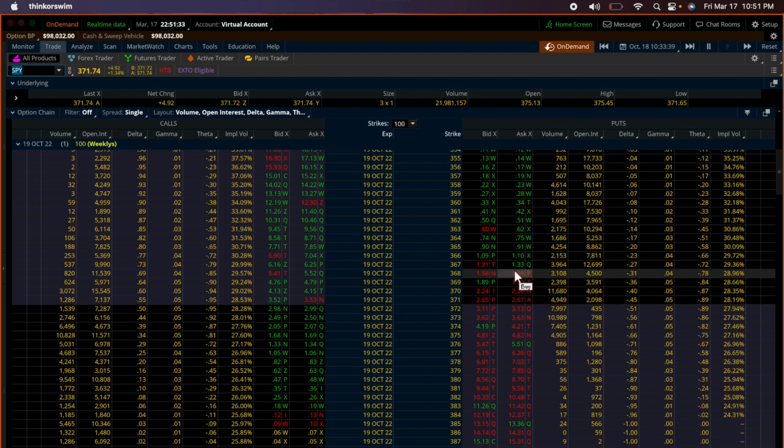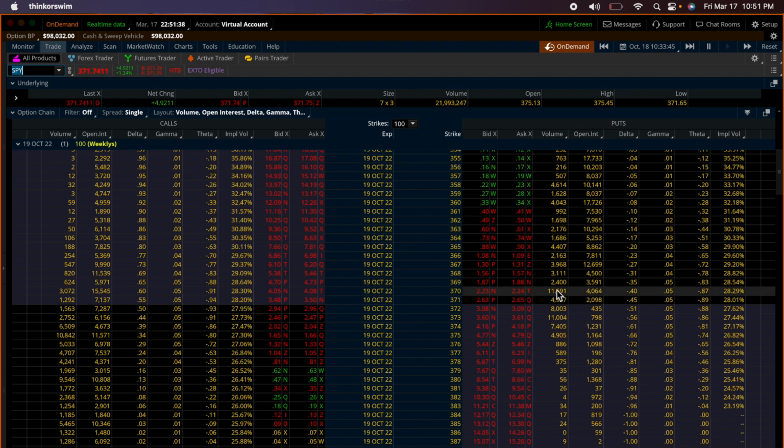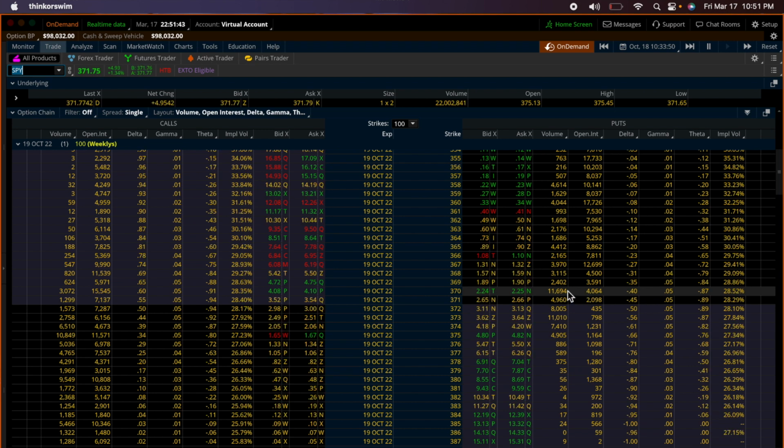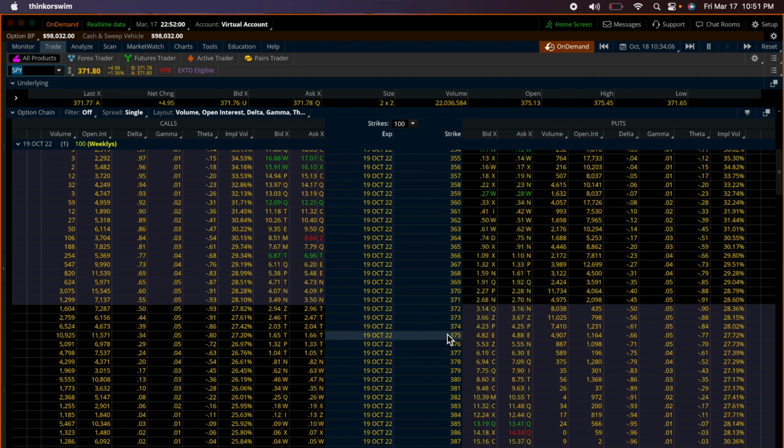And the second thing that you want to look for and pay attention to is you want to make sure that the open interest and the volume of the contract that you are trading specifically is as high as it can possibly be. So let's say you open up your thinkorswim, you open up your option chain, and you see that a specific contract has way more volume and way more open interest than all the other ones, and it's a little bit more out of the money.